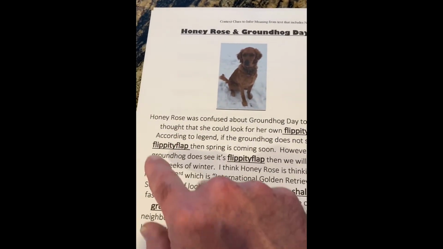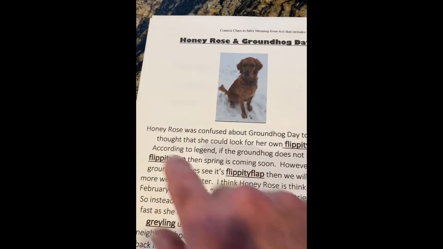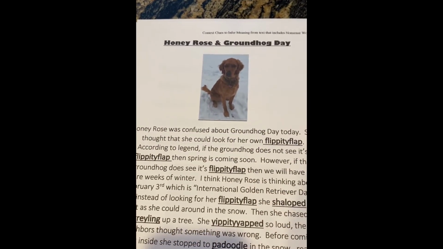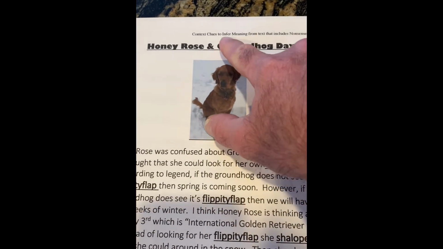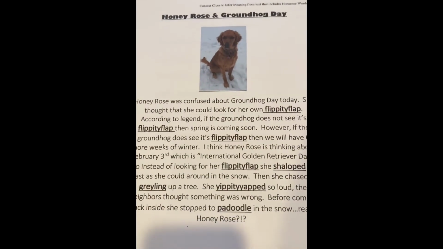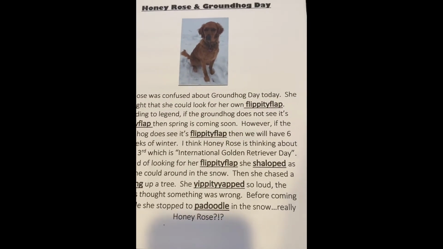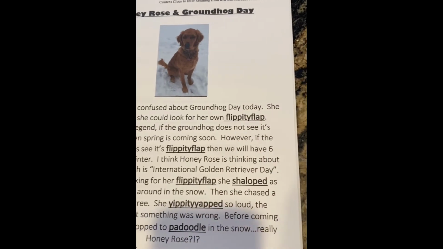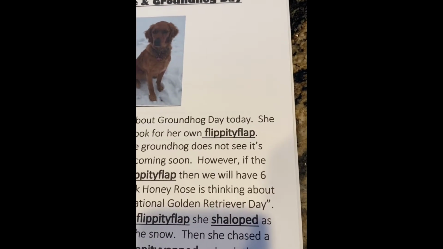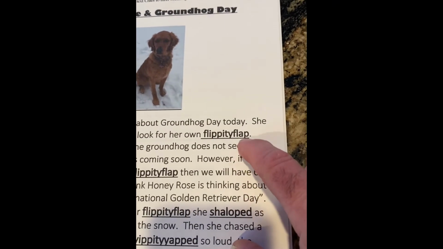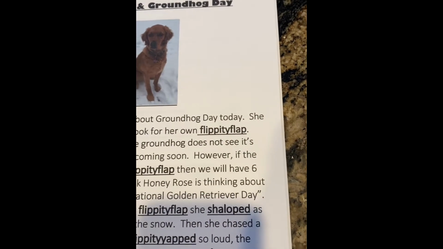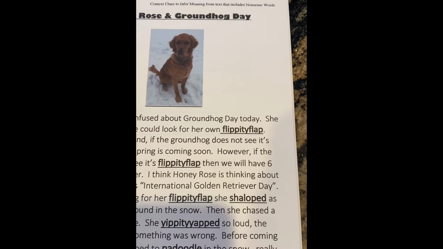You can use the context of the sentences and the context of the story to infer meaning. You can still understand pretty much what's going on and even come up with some ideas about what that word could mean.